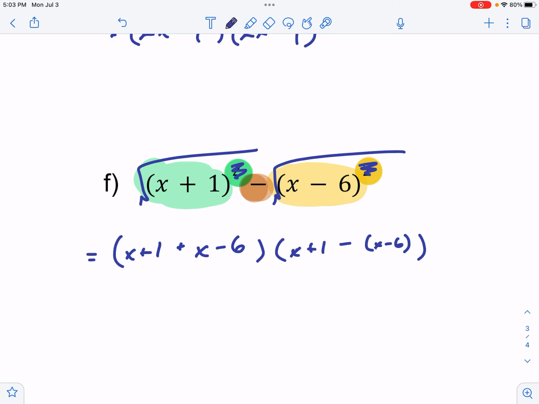This actually gets really interesting because of how things land. So now we can simplify our brackets, right? We can combine like terms. Here I'm going to have a 2x take away 5. This I'm actually going to, my first step is going to be to distribute the negative.